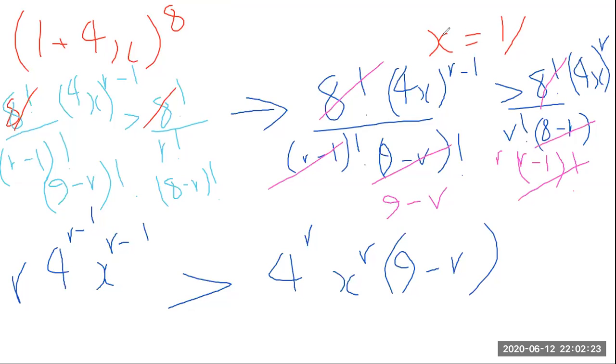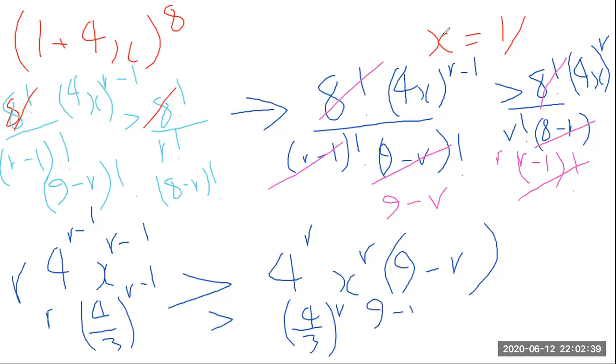So this becomes r times (4/3)^(r-1) and (4/3)^r times (9-r). Since the base is the same, I'm going to carry this over.